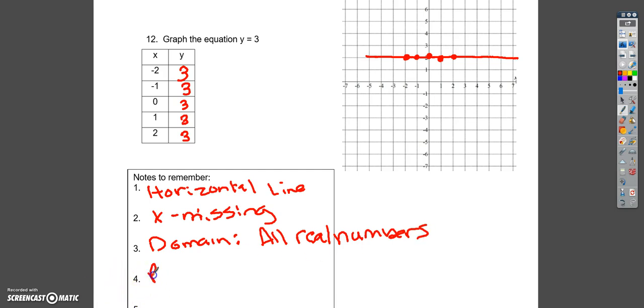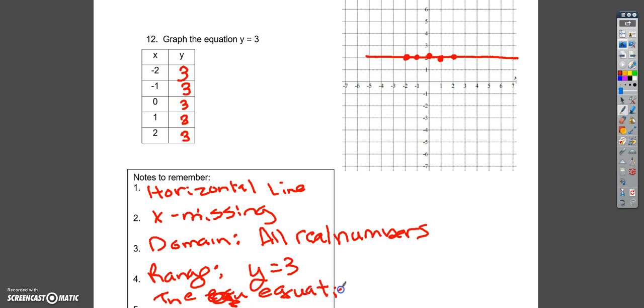The range is going to be whatever it says y is. And then we need to keep in mind that the equation is y equals a number.